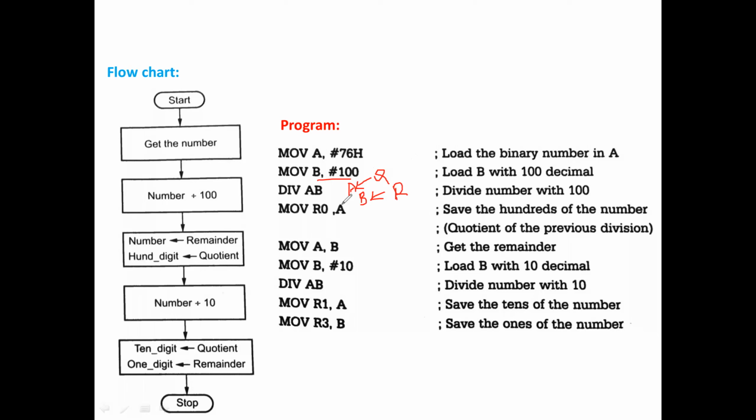That's why the data in the accumulator is going to be moved into a register. So now I have taken R0, which is going to hold the hundreds digit.